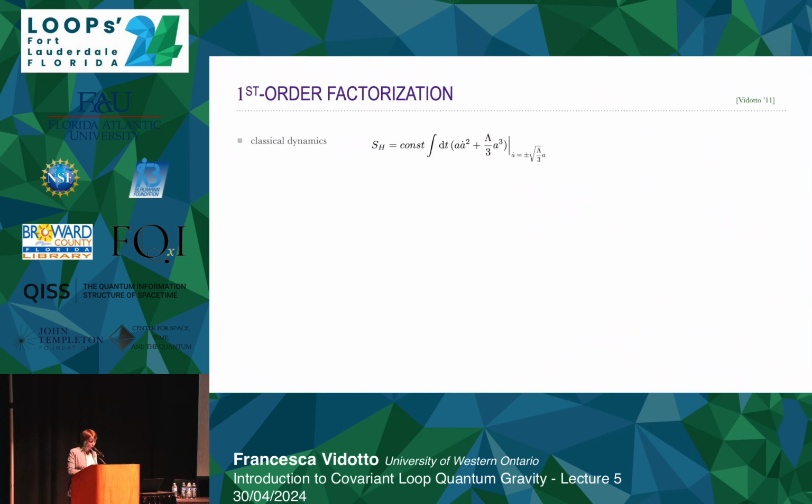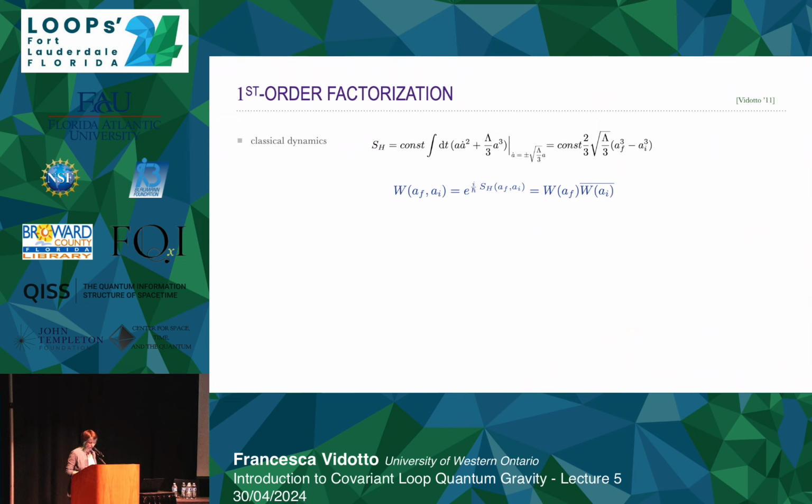So when you consider just the standard action for the cosmological case, with the cosmological constant here, you see that the Hamilton function, sorry, it doesn't factorize. It is given simply by this difference between the initial and the final volume.